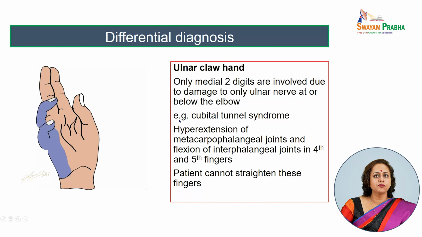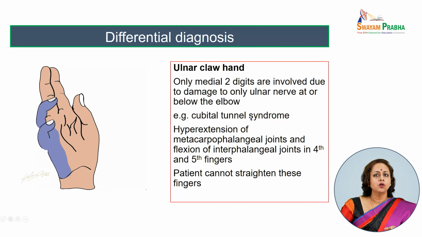So what happens is, for example, when the ulnar nerve is injured, not at the level of the lower root of the brachial plexus, but somewhere lower down, like cubital tunnel syndrome in the cubital fossa, which lies a little below the elbow joint.